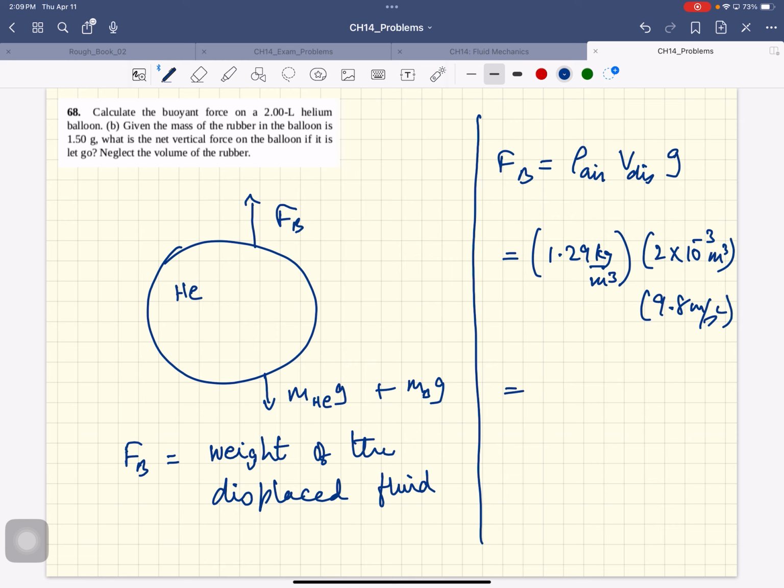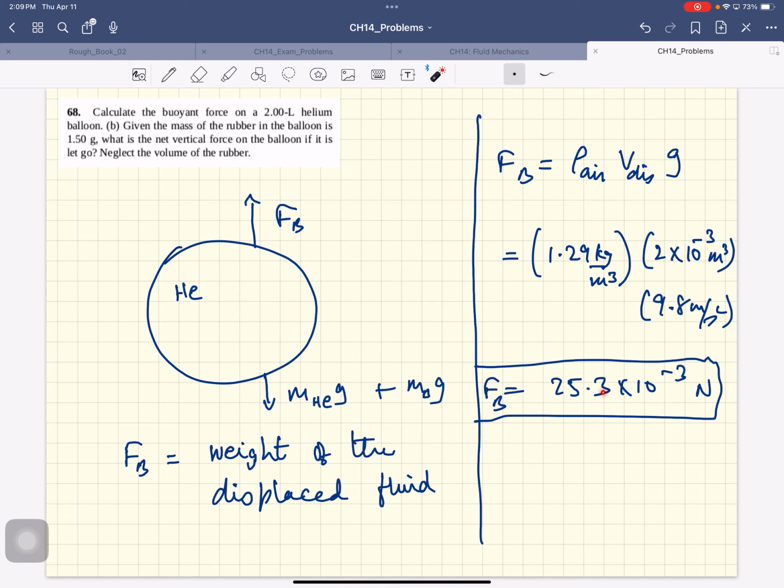And so the buoyant force is 25.3, that's times 10 to the minus 3 newtons.